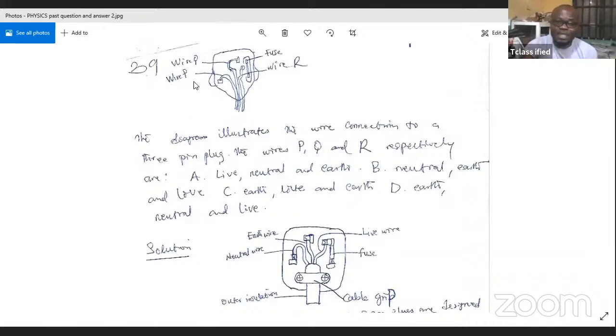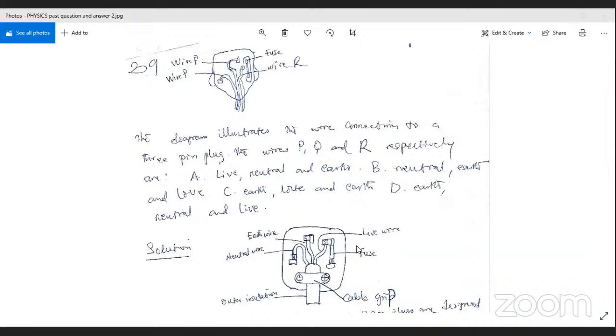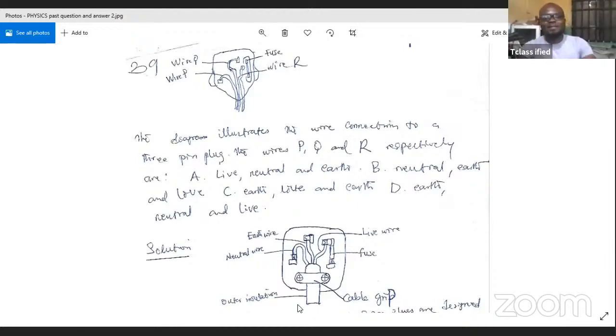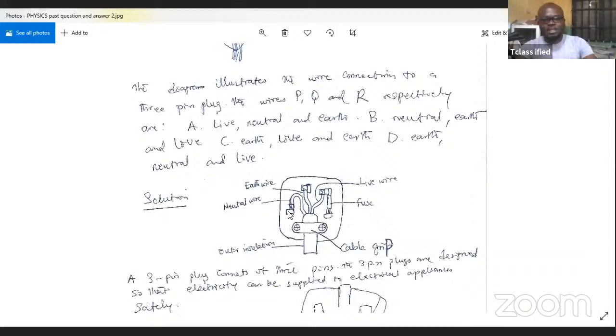So that means P is the neutral, Q is the earth, whereas R, connected close to the fuse, is the live wire. So with that, which option do you think is the answer? B. B, okay. So that is the answer already.